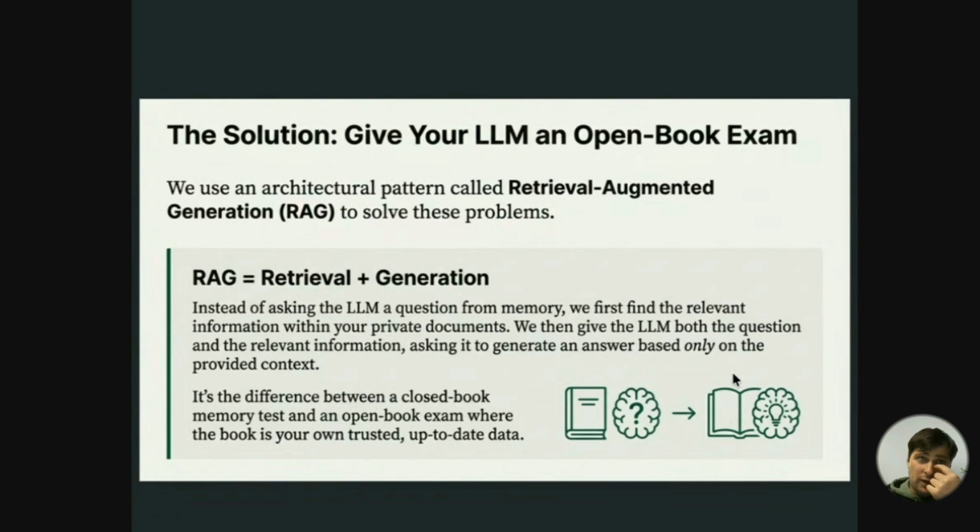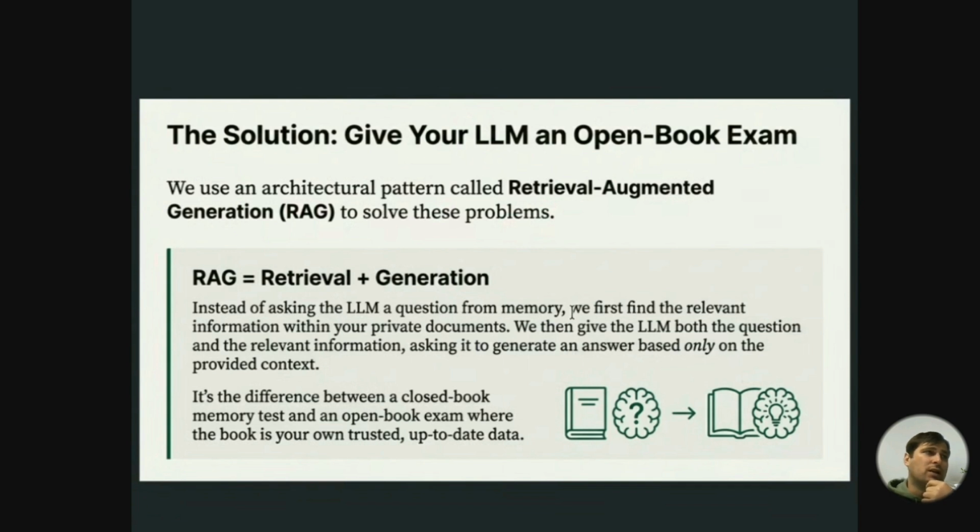For that, we use a method called RAG on our project. This is an architecture pattern. Instead of asking the LLM a question from memory, we first find the relevant information in our private documents and give that to the LLM, asking it to generate the answer based on the provided context.